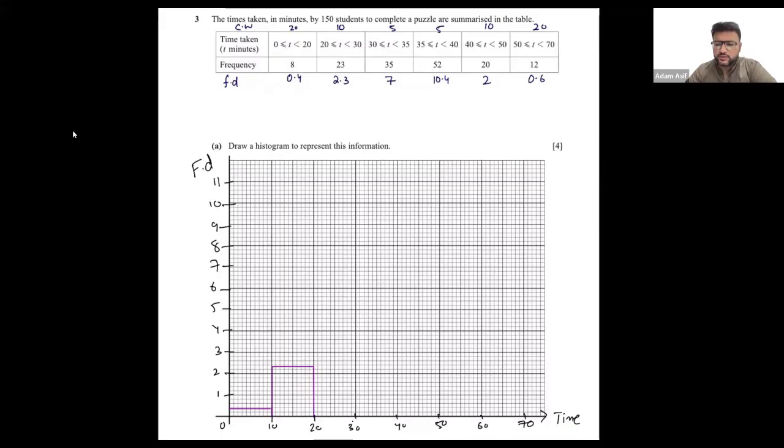Sorry, from 30 to 35, the height is 7. Oh, my bad. We need to draw it from 0 to 20. 0 to 20, okay? This is the rectangle. Then from 20 to 30, the height is 2.3.